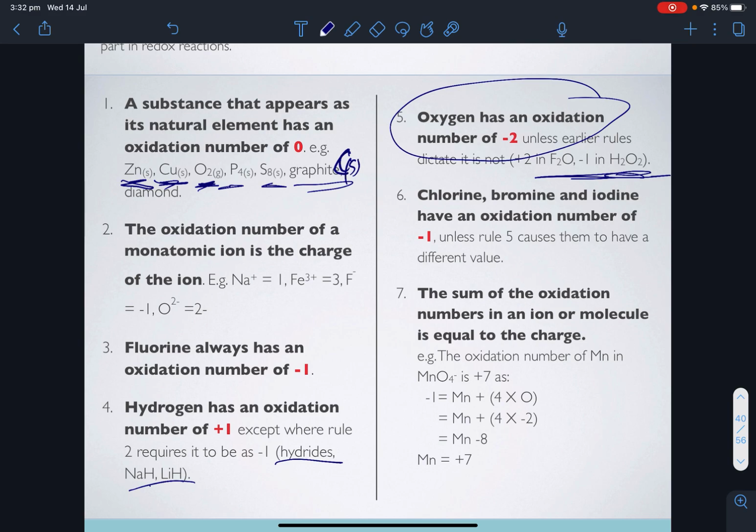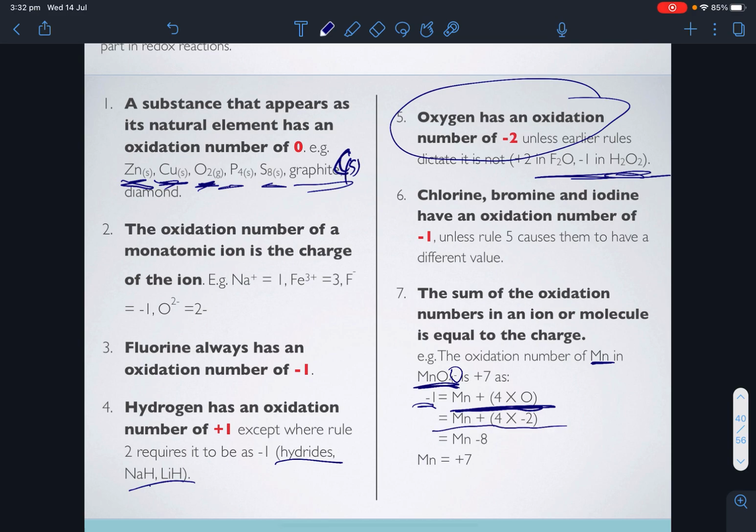The oxidation number of manganese in this ion here, MnO4-, which is known as permanganate, is 7 plus because the sum of their oxidation numbers I've got on the right equals their charge. The charge is negative 1 from here on the left, okay? So I set up a little algebraic expression. So negative 1 is going to equal the oxidation number of manganese plus 4 times the oxidation number of oxygen.